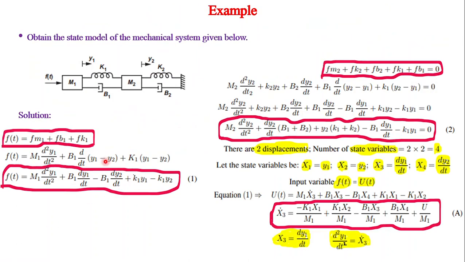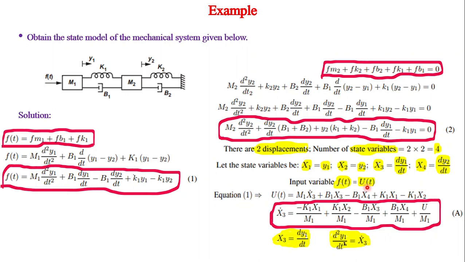Now y1 is there, dy1 by dt is there, y2 is there, dy2 by dt is there. Therefore, y1 you take as one state variable, y2 as another, dy1 by dt as the third, dy2 by dt as the fourth. Or even we can take x1 equal to y1, x2 as dy1 by dt, x3 as y2, x4 as dy2 by dt. In what order we take them is not important. All these variables should be taken as state variables.